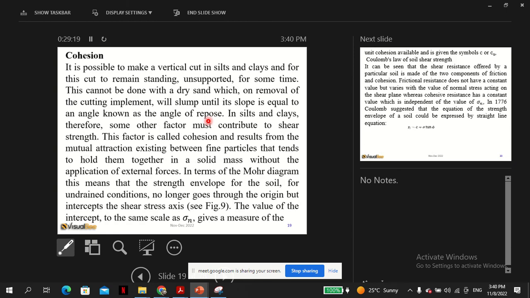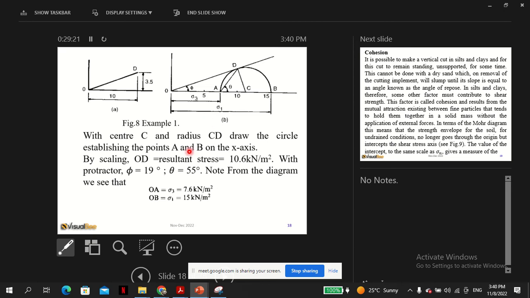If you do it, you get phi as 19, and 55, should not be very difficult. So good student, please make sure when you go home, you're able to read the values of sigma 3 here. Once you draw the two by trial and error, this one is sigma 3 and that's sigma 1.